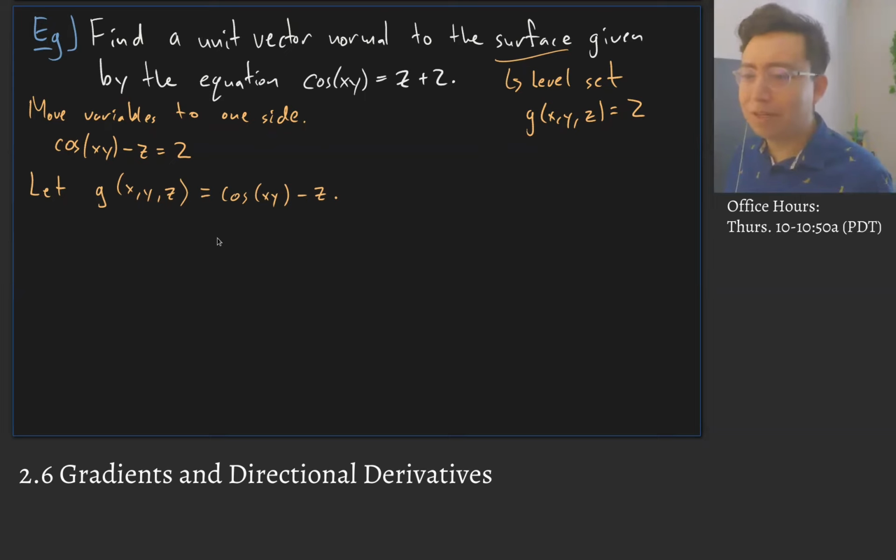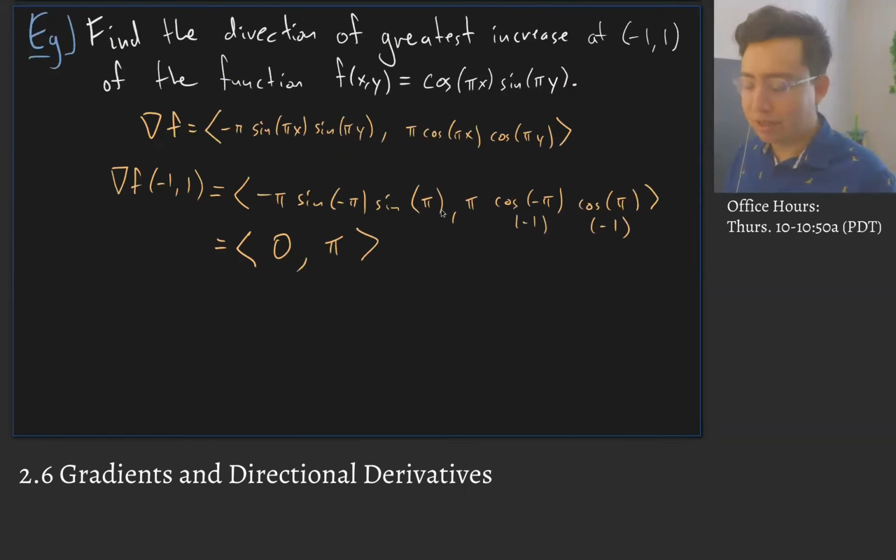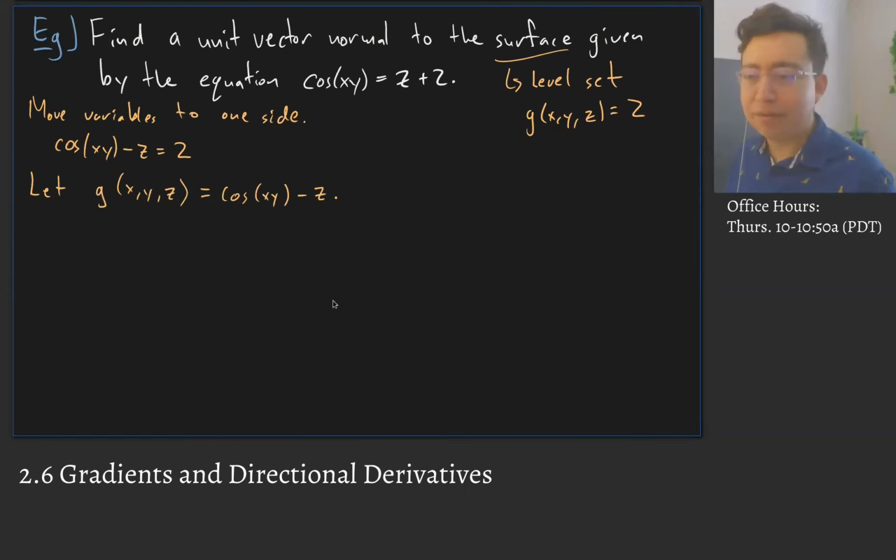So far, if we're computing the normal vector to a level set, we just need to compute the gradient, right? So the gradient of g is equal to, we compute the derivative with respect to x. The derivative of this with respect to x is negative y sine of xy, right?